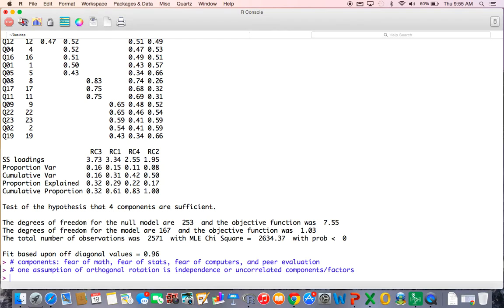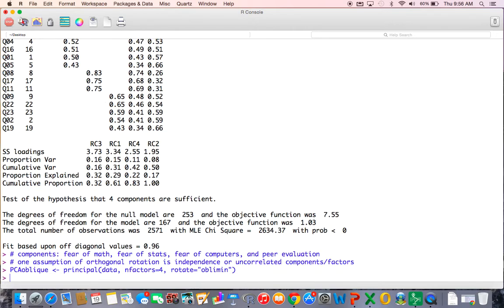With an oblique rotation. So I'm going to call this oblique, and I'm going to run the principal components. And really, all I want to do here is I want to run the same thing. Okay, I forgot how to do this. Oblique. Like, is that it?